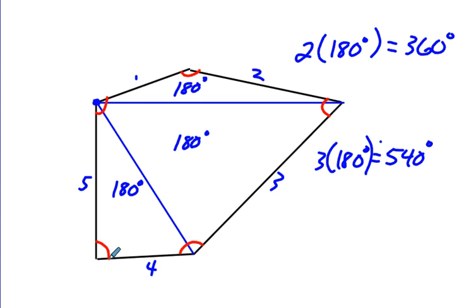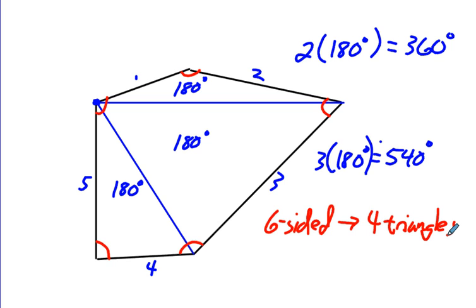The number of triangles that can be created is always going to be two less than the number of sides. So if I have a six-sided shape, I can create four triangles inside using this method.